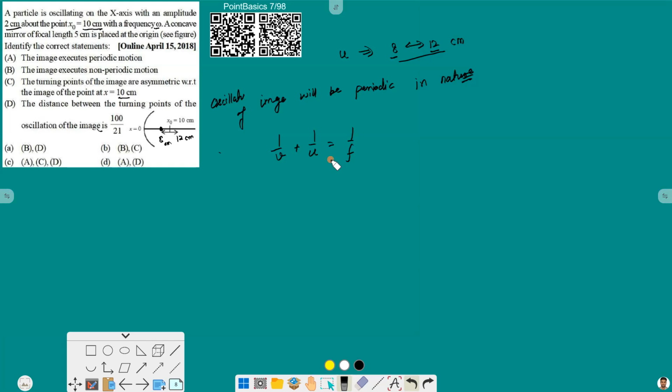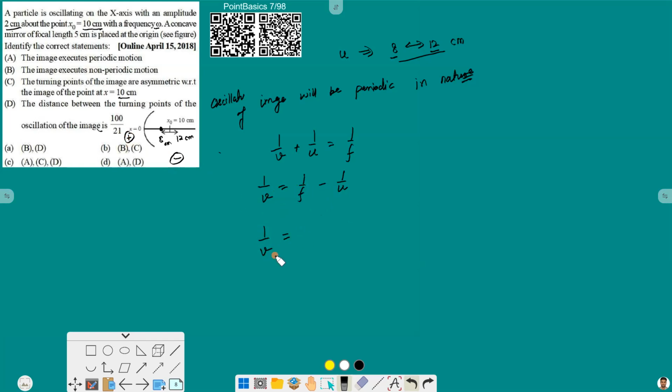So 1 by v is equal to 1 by f minus 1 by u. The focal length will be negative here, and the object distance will also be negative, assuming this side as negative and this side as positive.